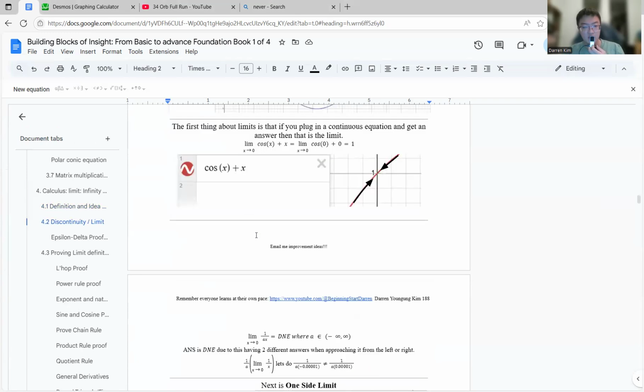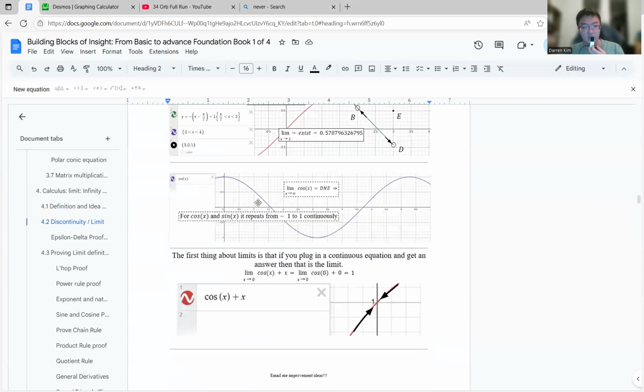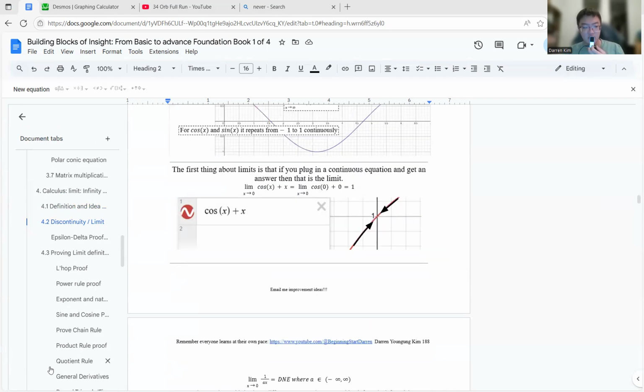Here clearly we see cosine, so this limit is DNE at infinity. As you go to negative infinity or infinity, it basically keeps on oscillating, so there's a DNE over here. And infinity is a big topic because infinity actually exists.